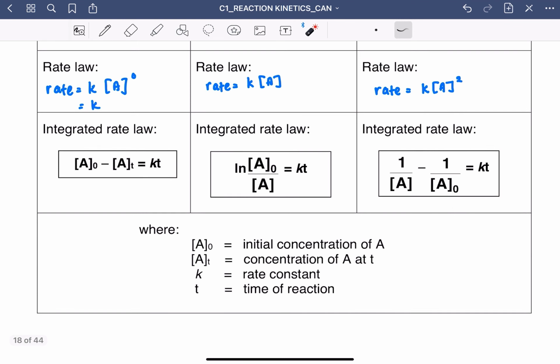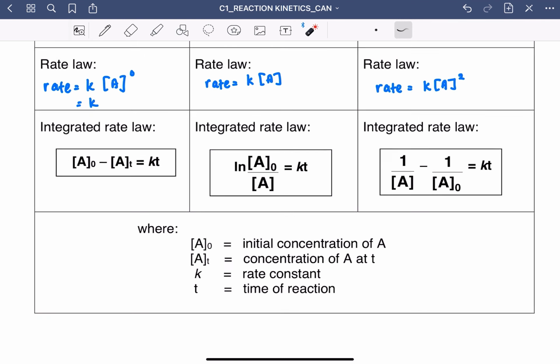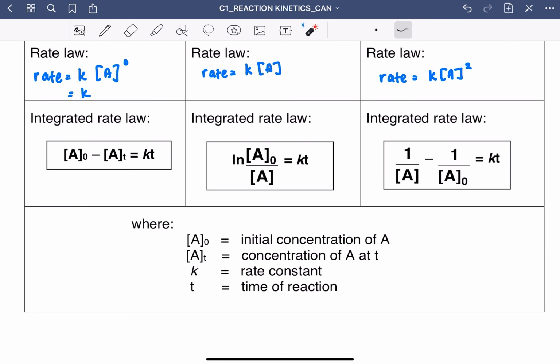So what is this A naught? Given here, A naught is the initial concentration of A. At is the concentration of A at t or a certain time. K as usual is the rate constant. And t is referring to the time of reaction. So what can we get from this integrated rate law?